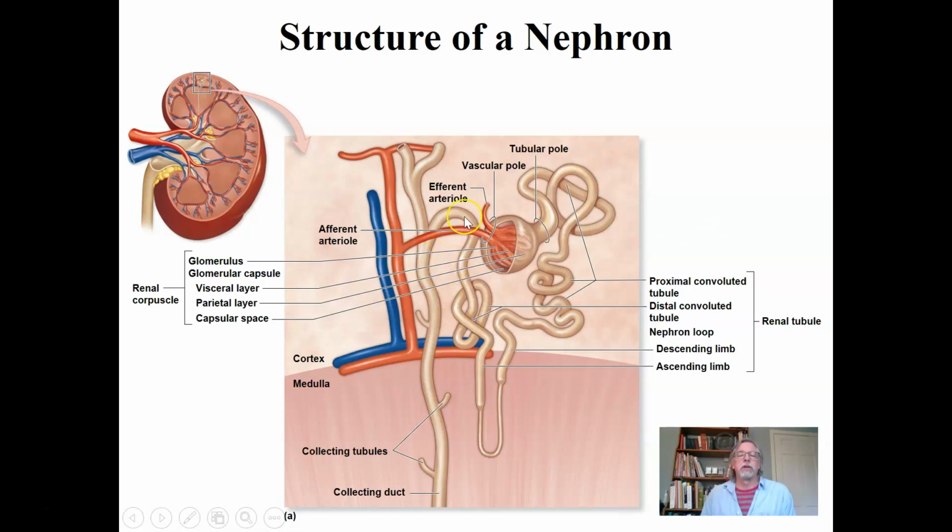Each of these is connected to a collecting tubule, and that's going to lead into what's called a collecting duct. Okay? So those are the general parts of a nephron. Now let's talk about how blood is delivered to this glomerulus, and there are important features of that for the function of the glomerulus.